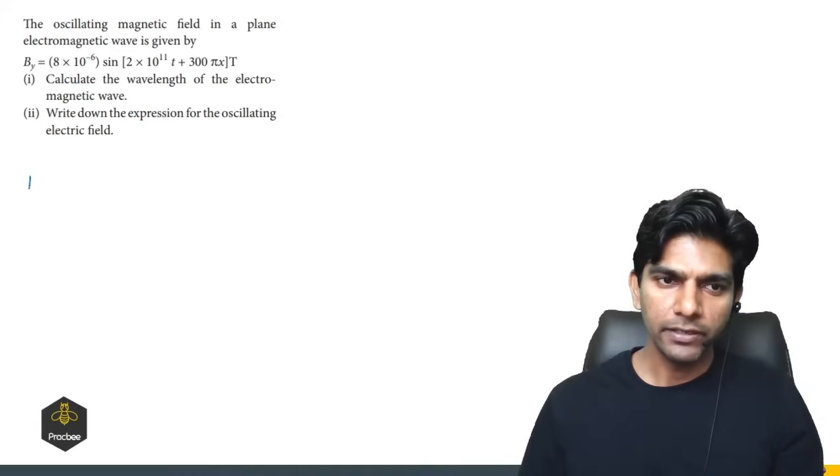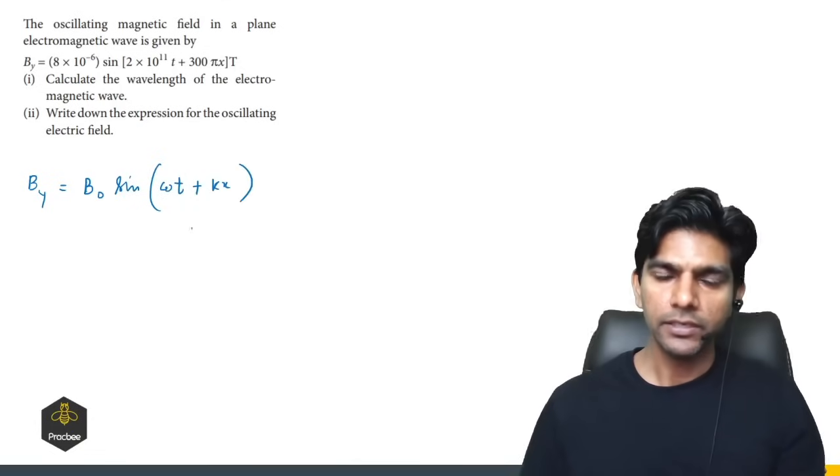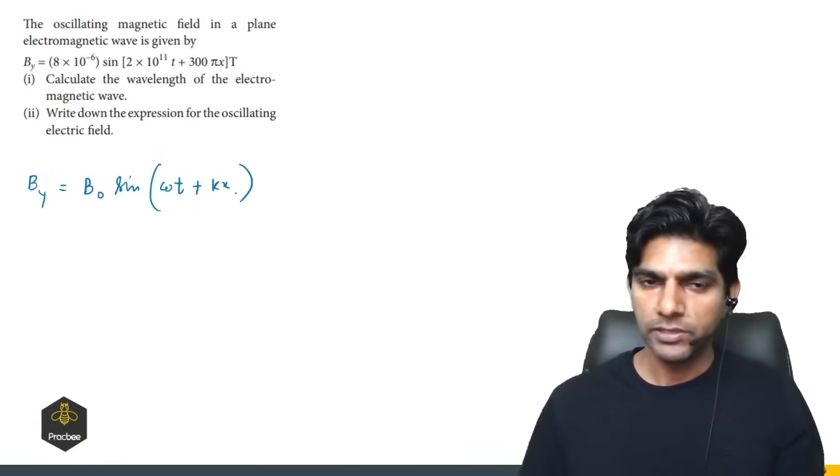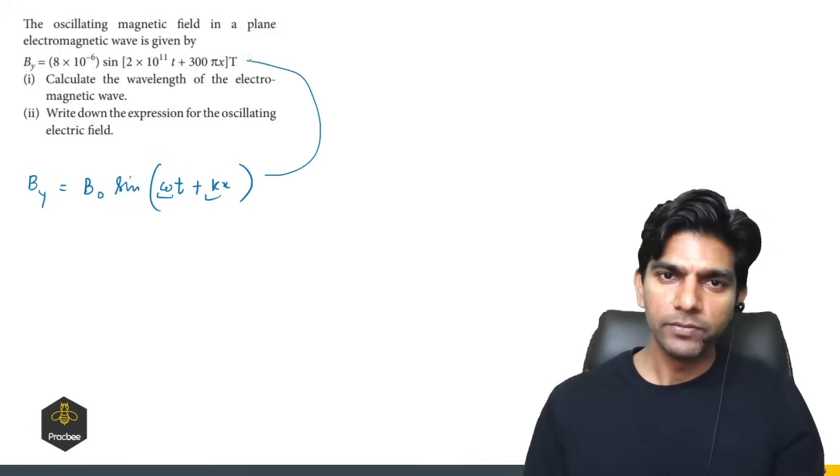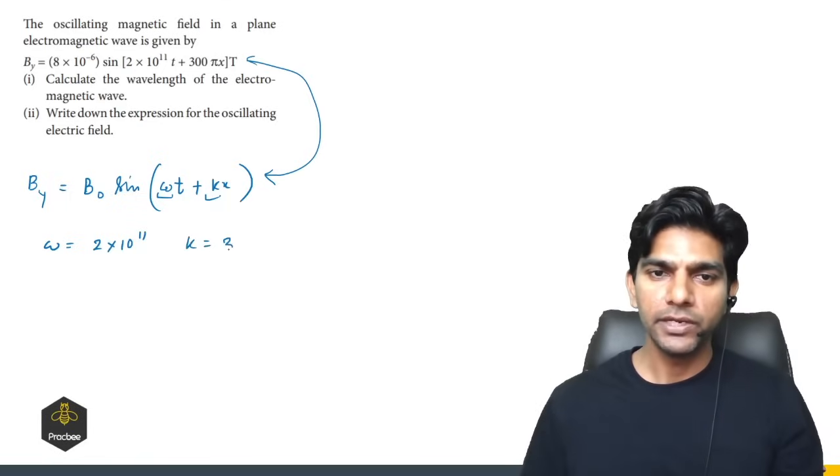So if I write it in the general form, we have B0 sin(ωt + kx), where omega is the angular frequency and k is the angular wave number. If I compare these two equations, omega is 2 × 10^11 and k is 300π.